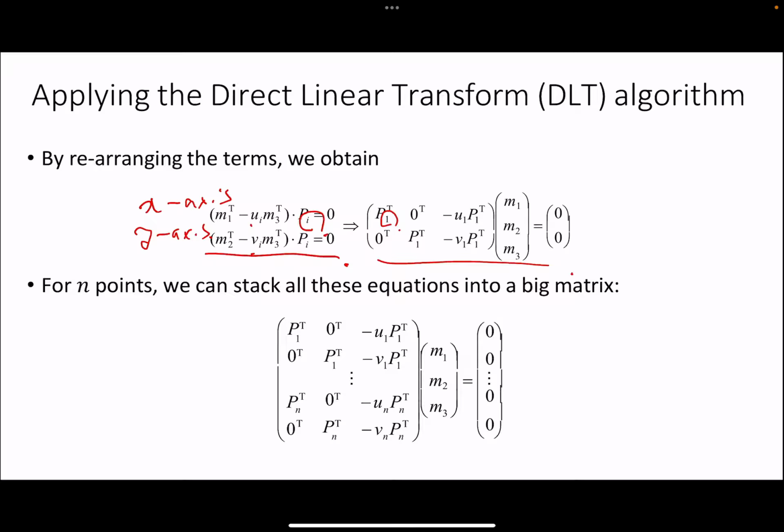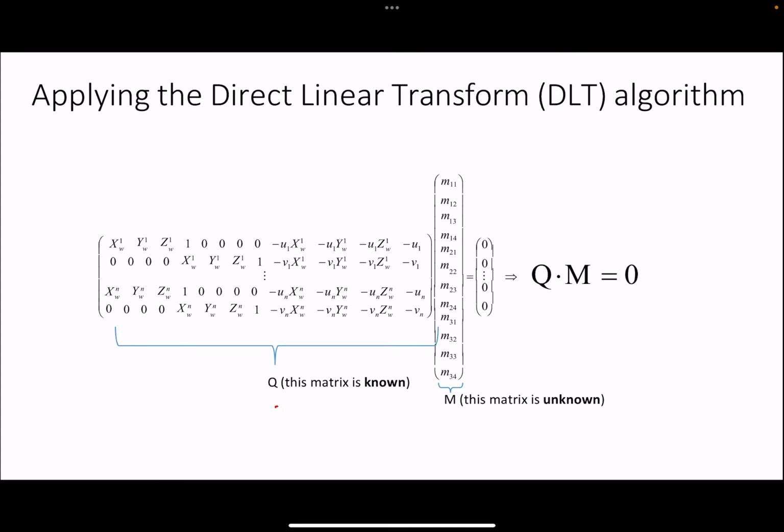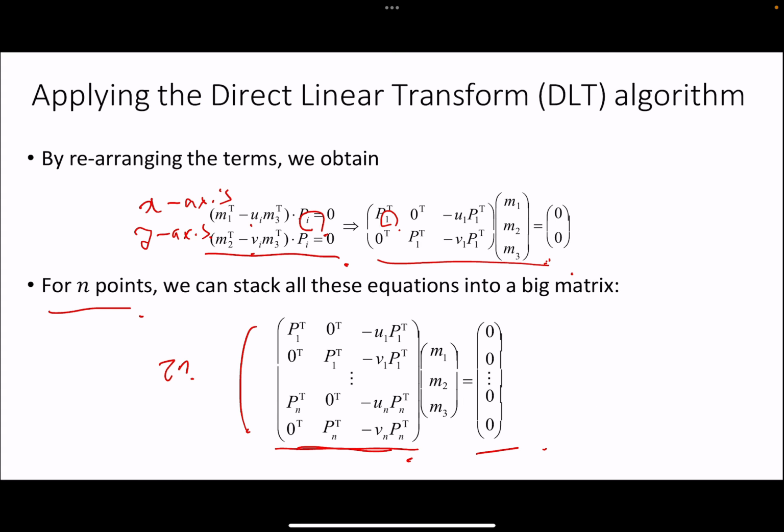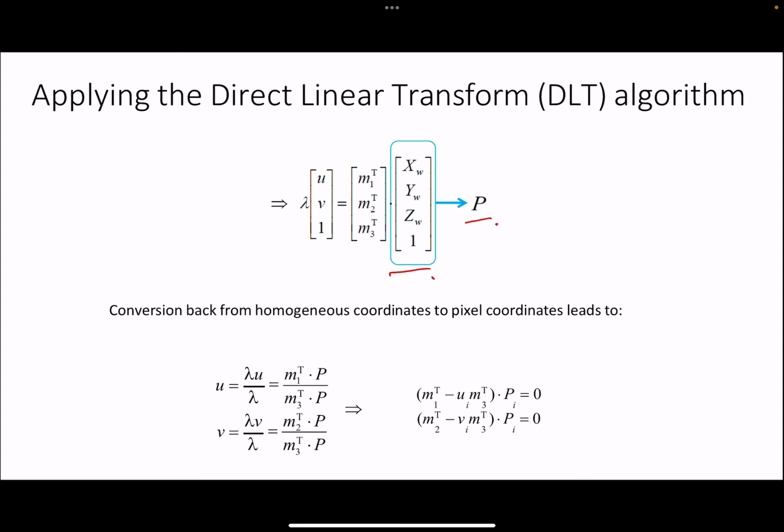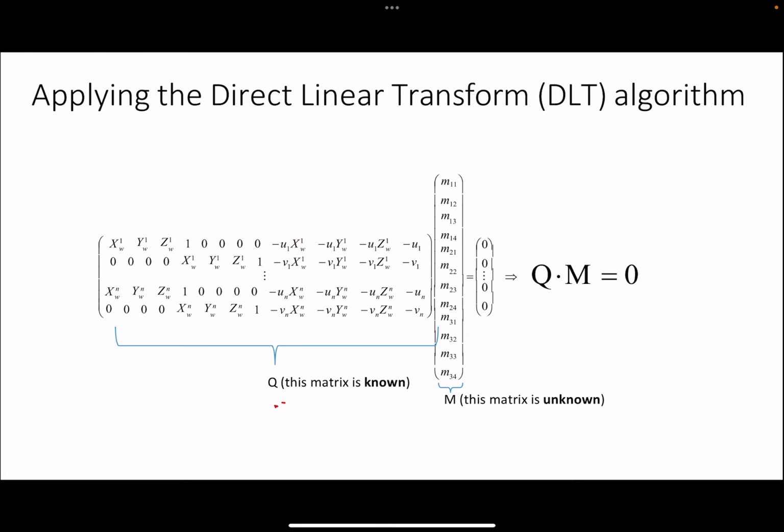And if we have n points, we can expand this equation to a 2n-row matrix. So we have a 2n-row matrix, and the rightmost term is a 0 vector. So we know this matrix Q, right? Q is from here. It only consists of P, U, V, and the assumption is that we know P, U, V. So this matrix Q is known.